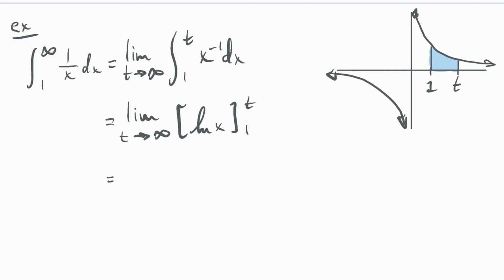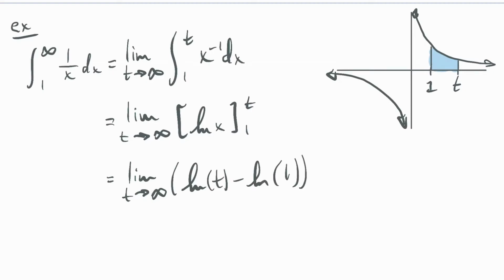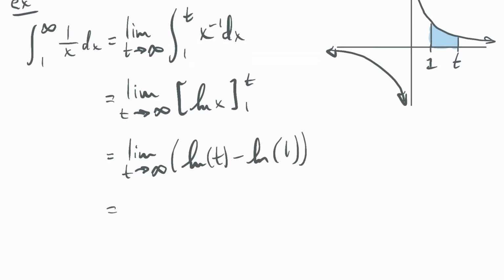So this equals the limit as t goes to infinity of ln of t minus ln of 1, which of course is 0. So this essentially turns out to be the limit as t goes to infinity of ln of t.